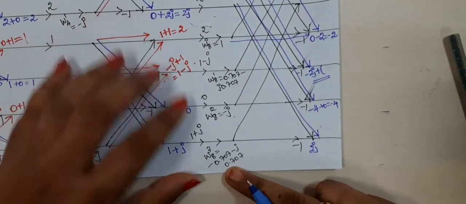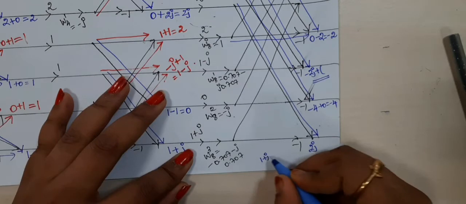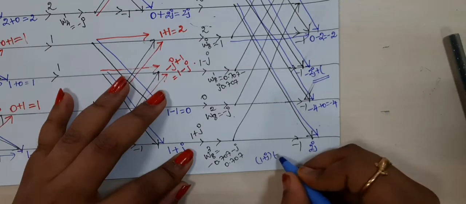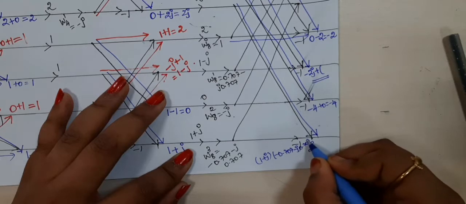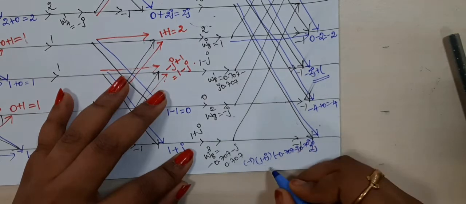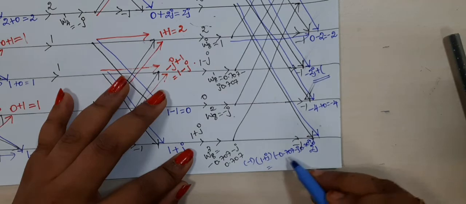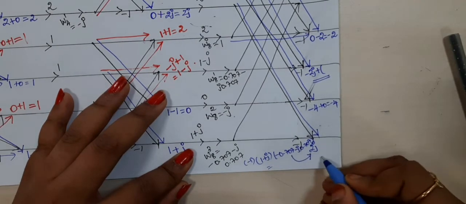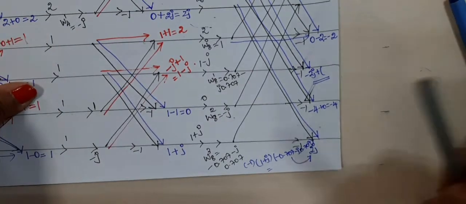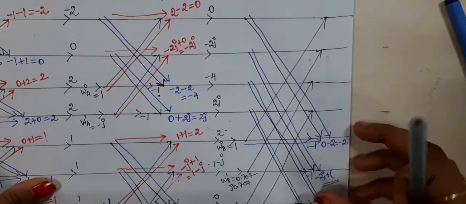This value is going to be 1 plus j into minus 0.707 minus j 0.707. Again -1 is there. Let us complete this, and then it is going to be added or subtracted with this 2j. Okay, so now we completed the down arrow.